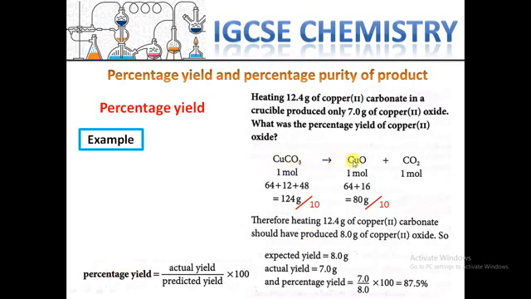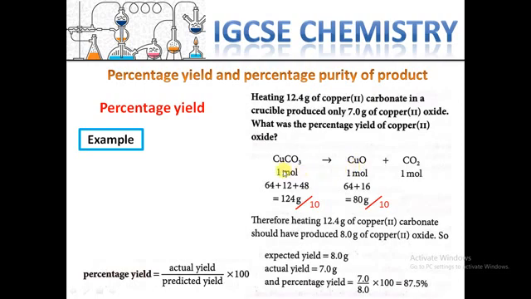We can write the reaction based on what the question gives. We are not focusing on the CO2, the carbon dioxide, because the question just gives data for copper carbonate, CuCO3, and copper oxide, CuO.